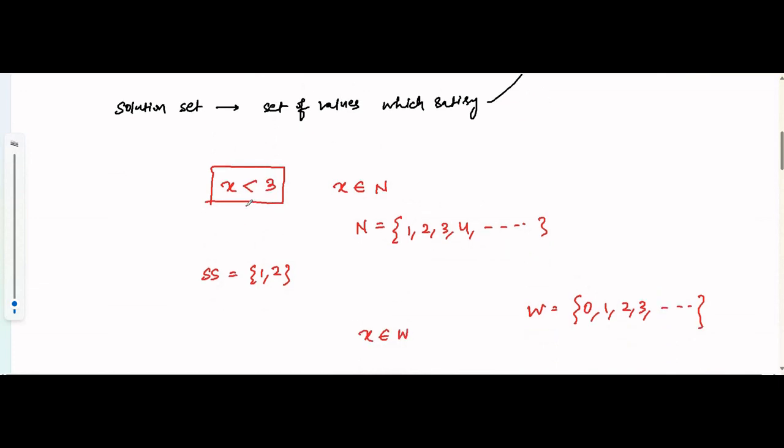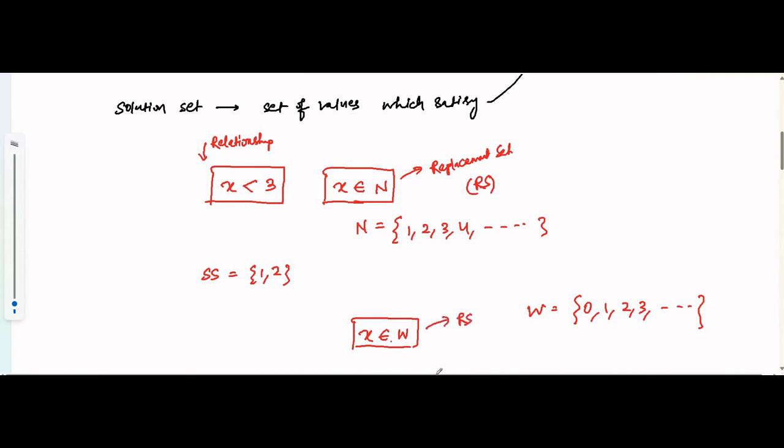In this case, this is the relationship which we have obtained by solving the inequation. It will be mentioned in the question that x belongs to the set of natural numbers, or x belongs to the whole numbers, whatever it is, and that is called the replacement set, RS for short.